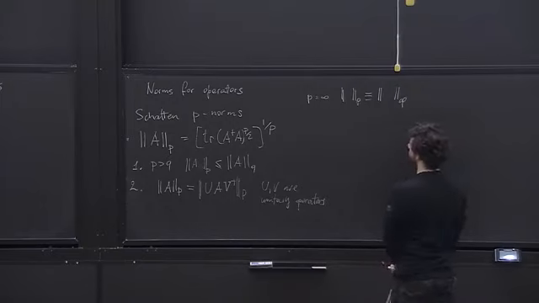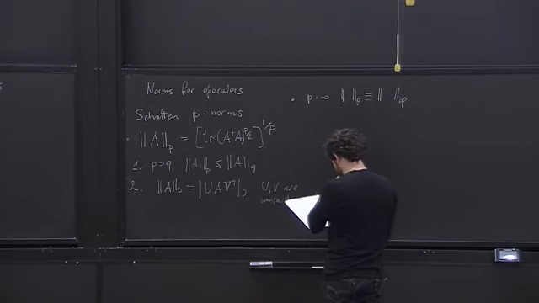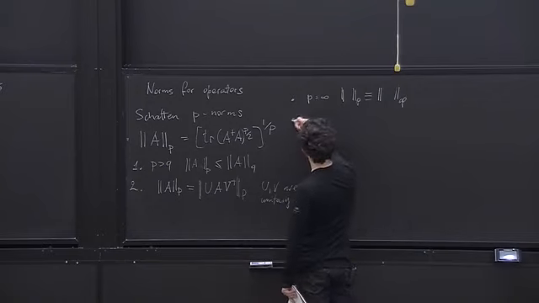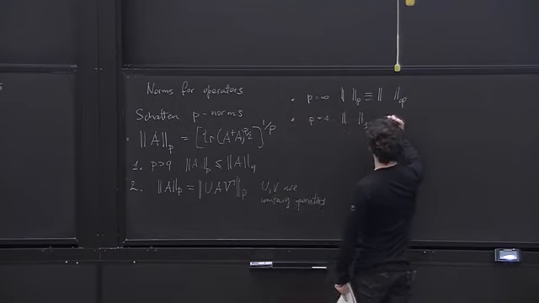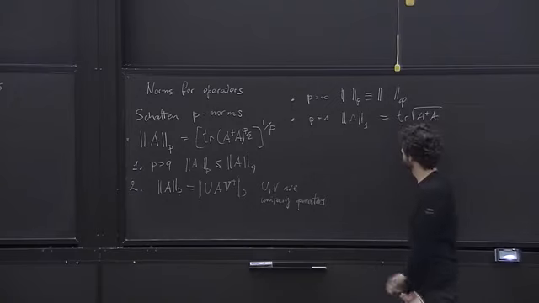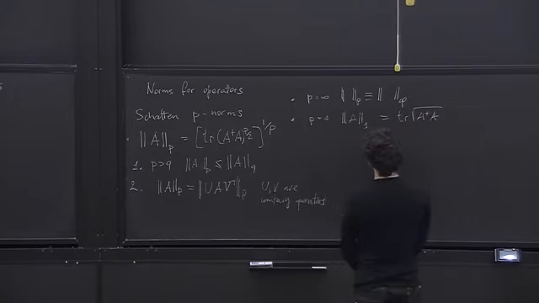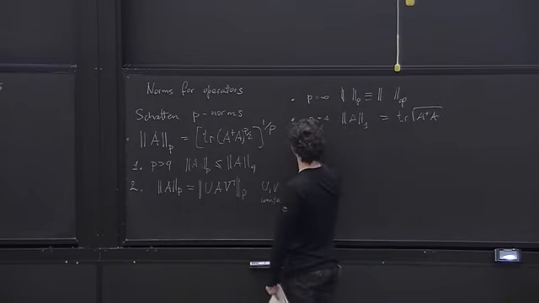One can prove that. And we will also be interested often in the one norm, which is just the trace of the square root of A dagger A. The one for P equal to 2 is called the Frobenius norm, in case you encounter it.